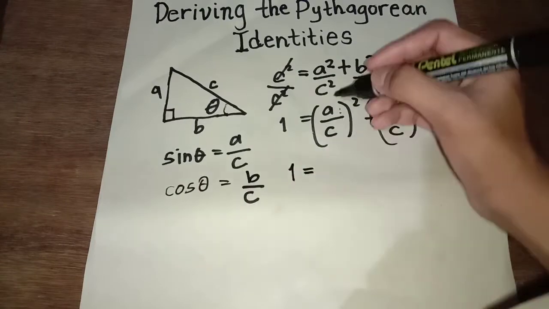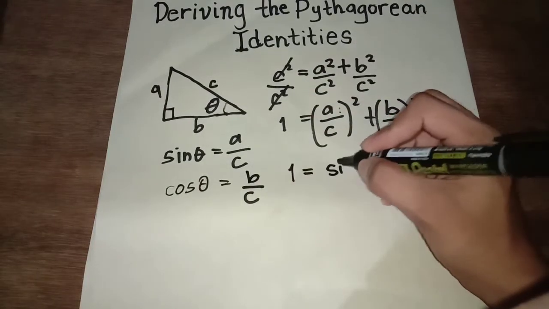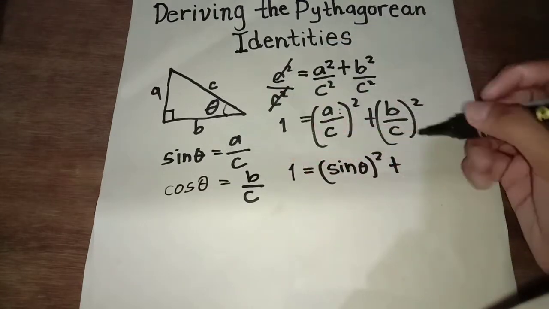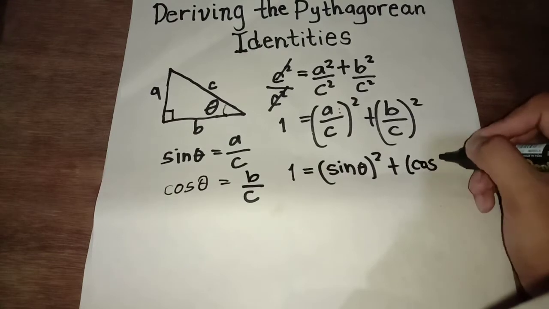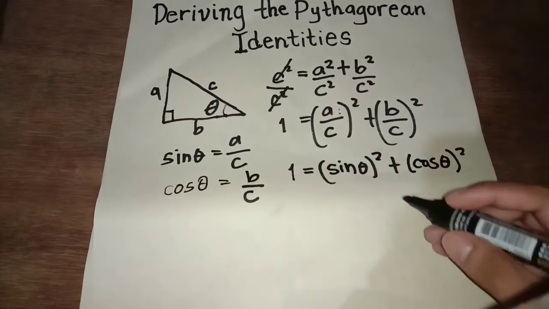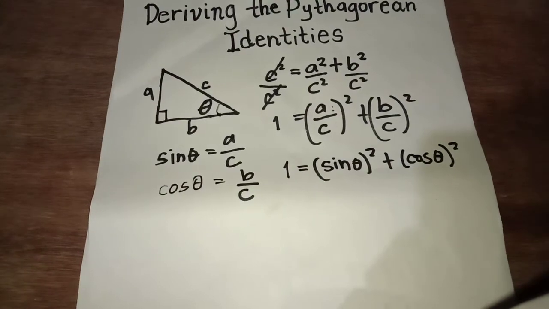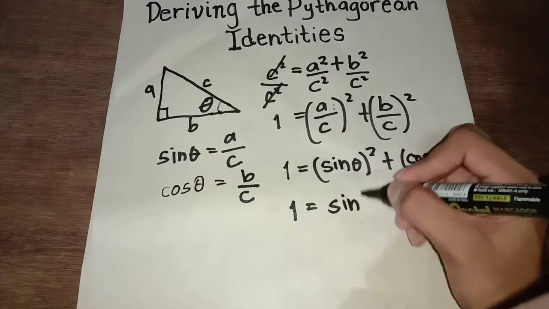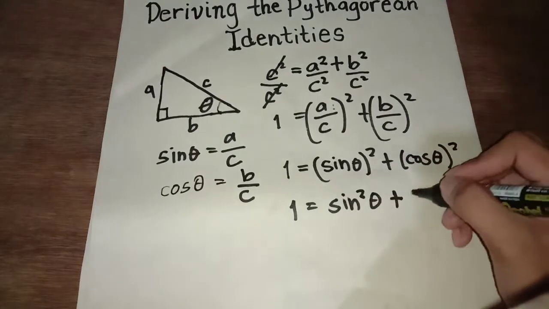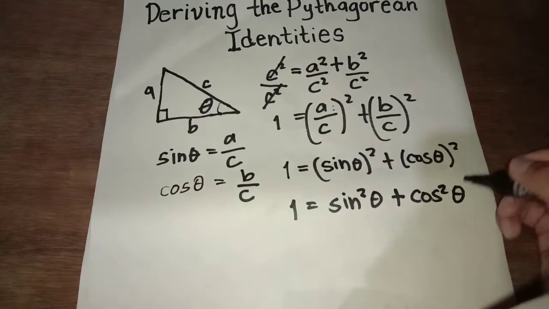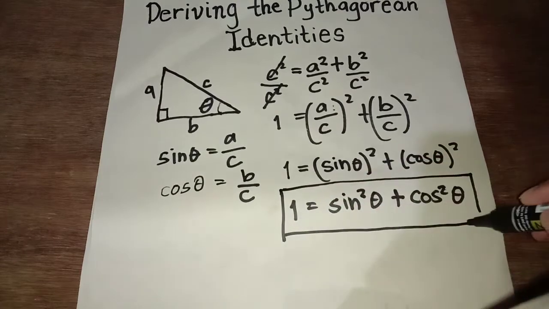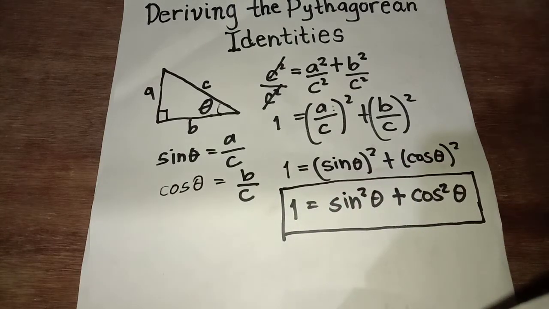Bale 1 is equal to a over c, that is sine theta squared, plus b over c is cosine theta squared. So simplifying, we have the relation 1 is equal to sine squared theta plus cosine squared theta. And nagkaroon na tayo ng isang relation. Ito na yun. 1 is equal to sine squared theta plus cosine squared theta.